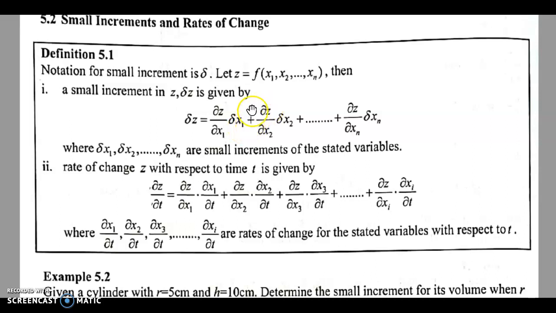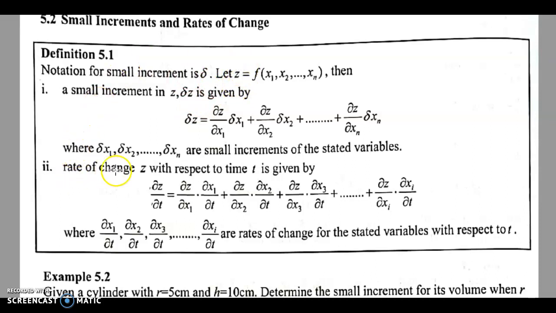And then plus again the partial derivative with respect to the next variable times the small increment of that variable. So we will sum all of them to get the small increment of the whole function, right?